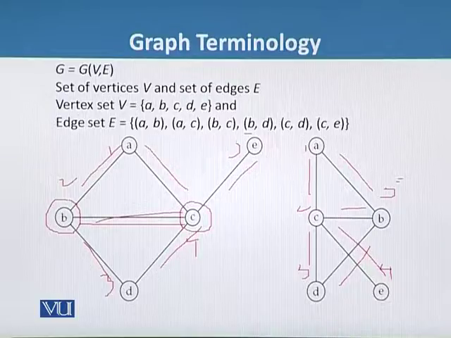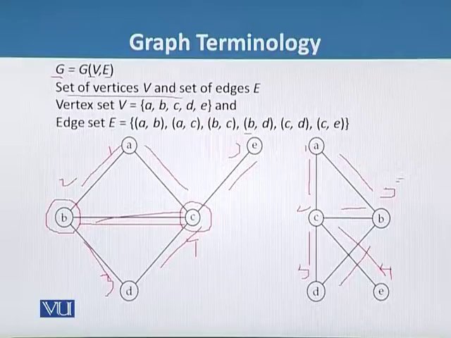We can also denote this graph by G, and this G is equal to G(V, E), where V is the set of vertices and E is the set of edges.